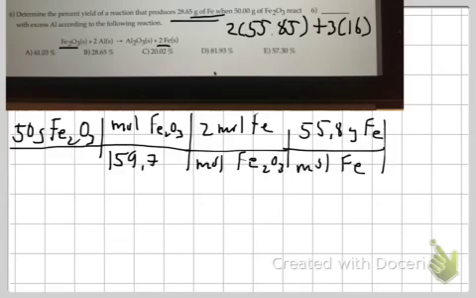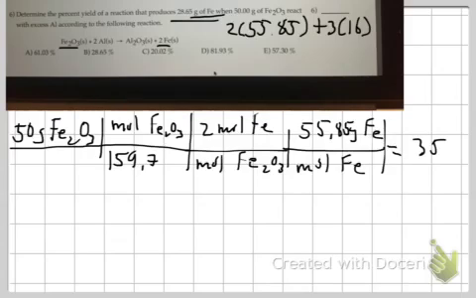So if you do this, 50 divided by 159.7 times 2 times 55.85 equals 35 grams.